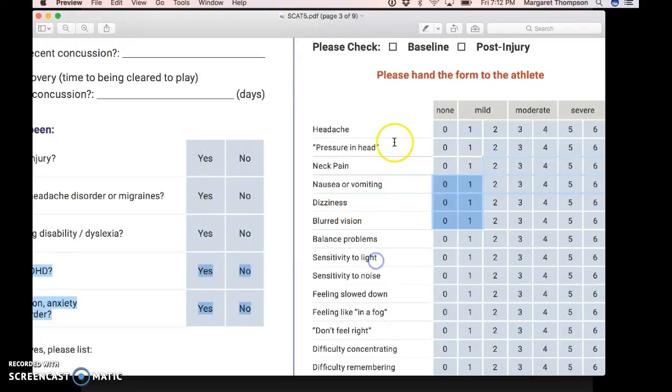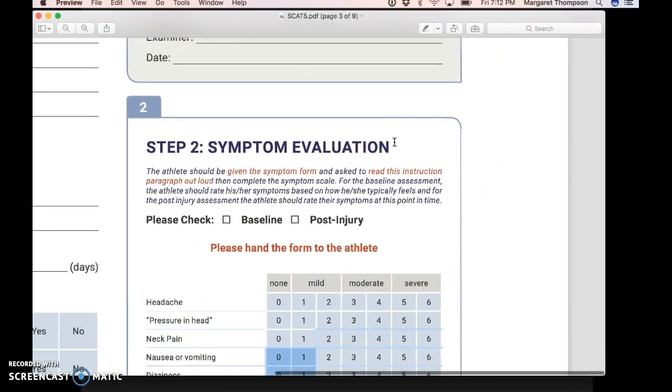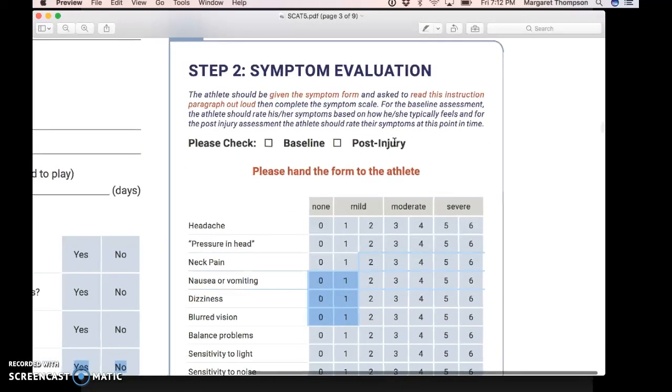So in terms of this being a standardized assessment, the athlete should be given this form and asked to read the instruction paragraph out loud and then complete the symptom scale. For the baseline assessment, the athlete should rate his or her symptoms based on how he or she typically feels. And for the post-injury assessment, the athlete should rate their symptoms at this point in time.